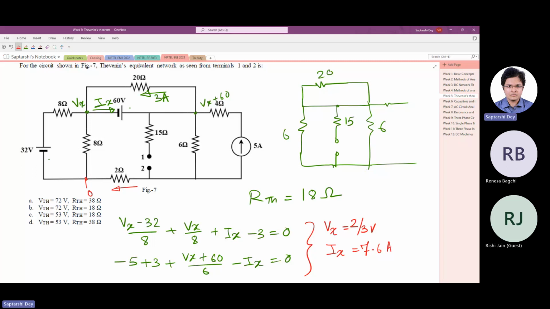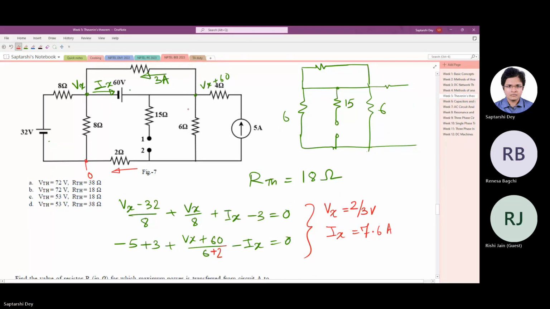6 plus 2. There should be a plus 2. 6 plus 2. No, there is a 5 ampere current also. My goodness, they made this problem even more difficult.